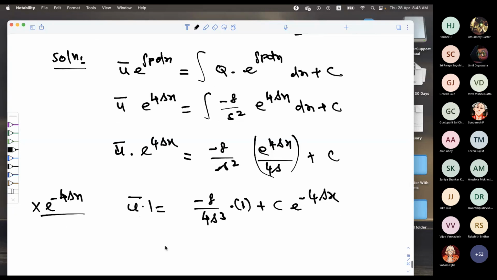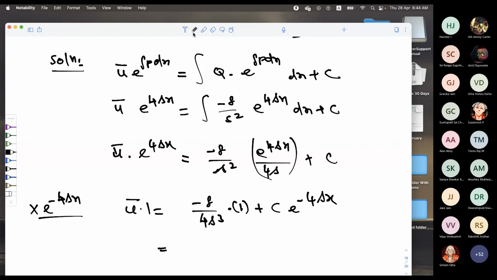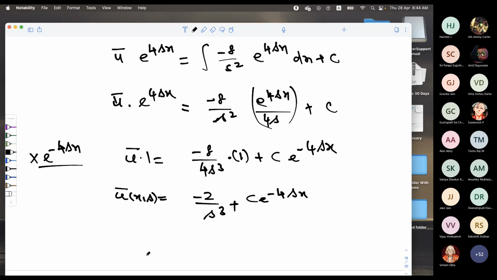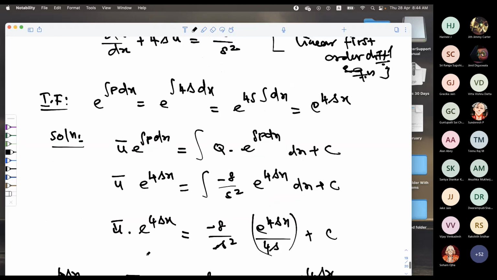Okay, and it is nothing but minus 2. If we simplify this, it is minus 2 divided by s cube plus c into e raised to the power minus 4sx. This is my u bar of x comma s.